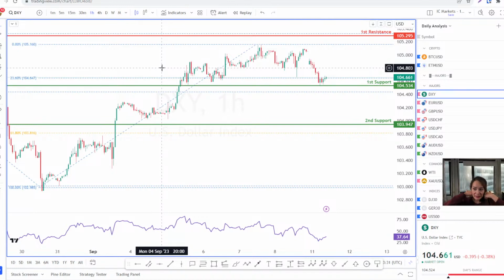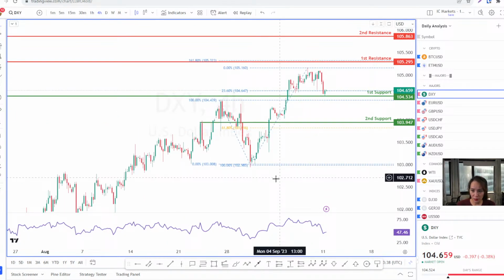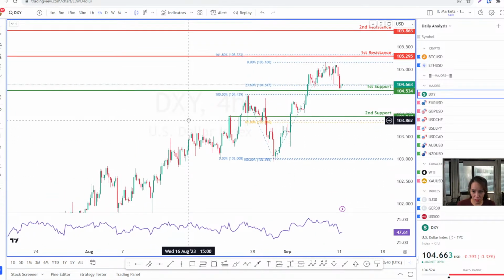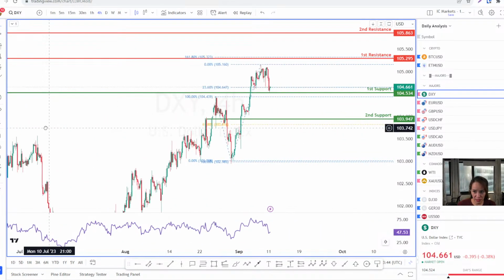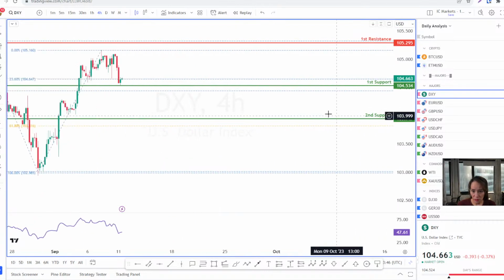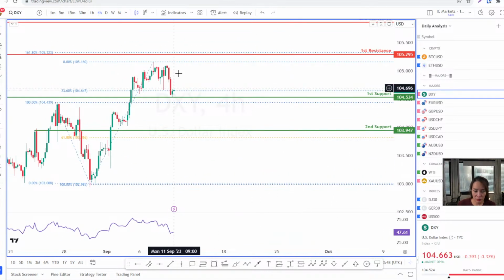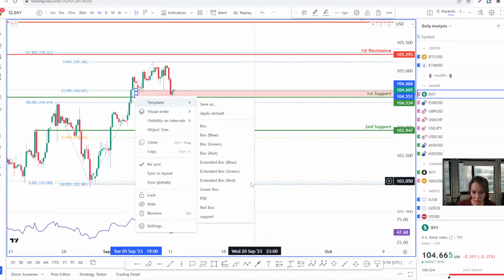Currently it is at the support in the H4. Usually I draw support and resistance in the H4. If you look on your left, it's already at first support, so I think we can expect some bounce from here.